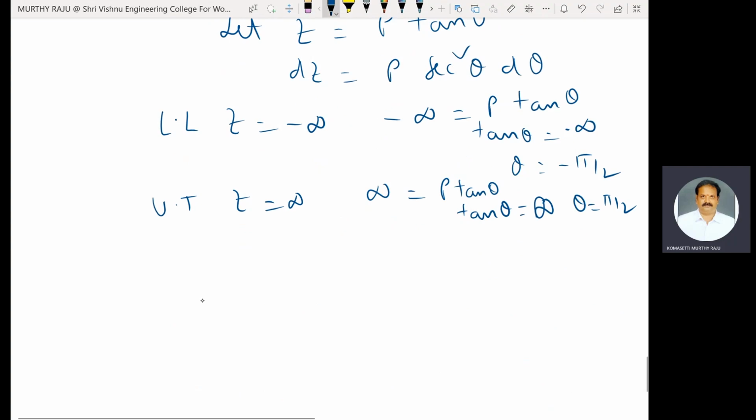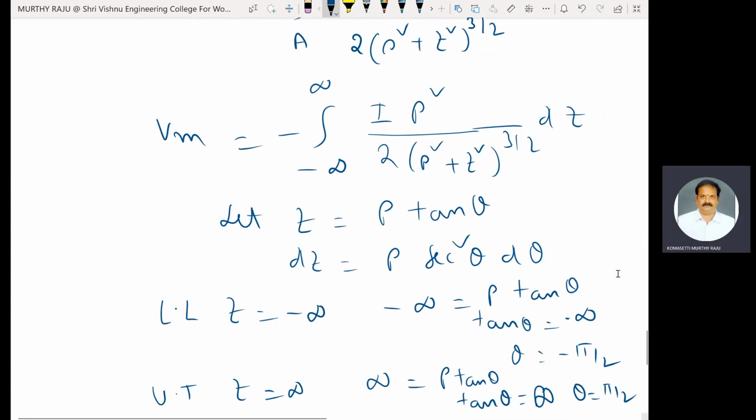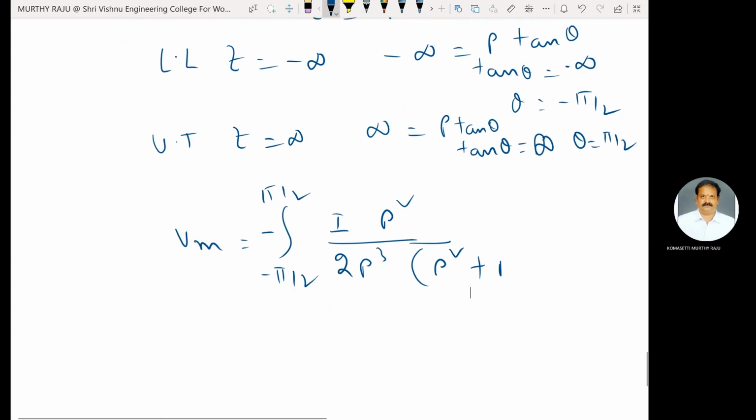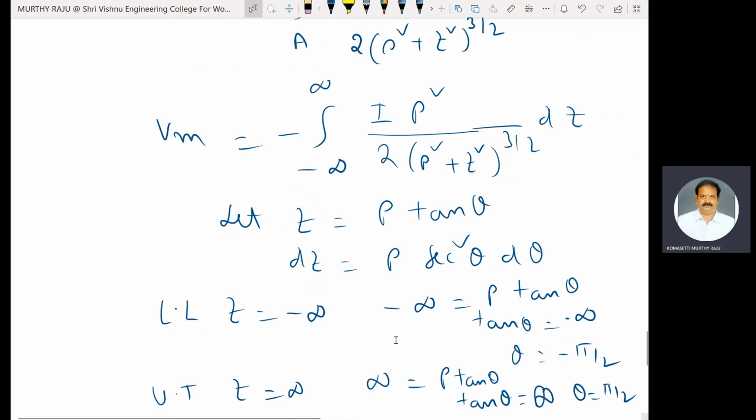Therefore, Vm is equal to integral from minus pi by 2 to plus pi by 2 of I rho square by 2 (rho square plus z square) to the power 3 by 2, where z is rho tan theta, so z square is rho square tan square theta. And dz is rho secant square theta d theta.